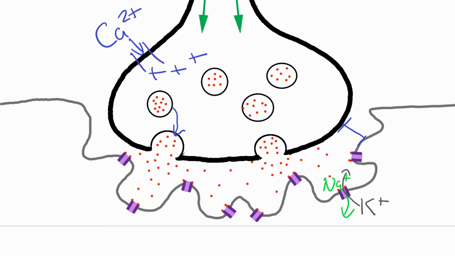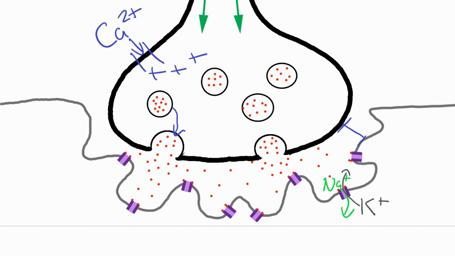Now, if it can reach negative 55 millivolts, that will trigger what's referred to as your threshold and trigger an action potential. So this neuromuscular junction, the whole process, is trying to take the electrical impulse coming from the neuron, convert it to a chemical impulse, the acetylcholine, and then eventually turn it back to an electrical impulse again of another action potential. And the way that's turning it back into another electrical impulse or action potential is by creating several small graded potentials.